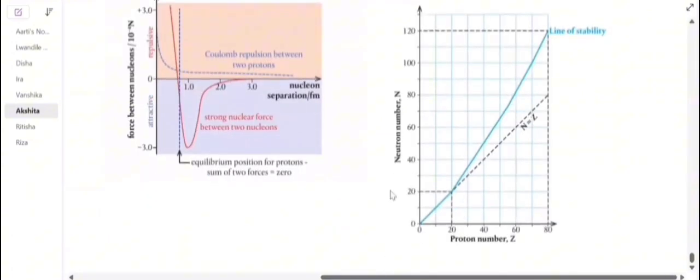Check this. As the neutron number increases and the proton number increases, you can see till here, till 20, the line is linear. That is, the number of neutrons and protons are equal.